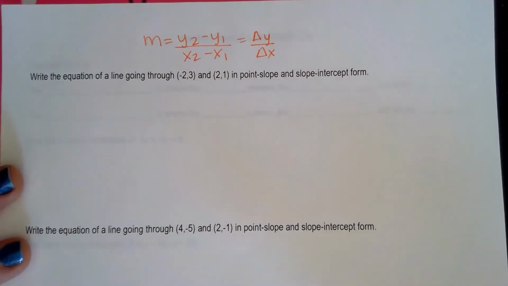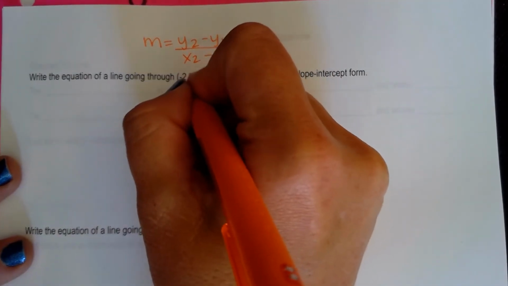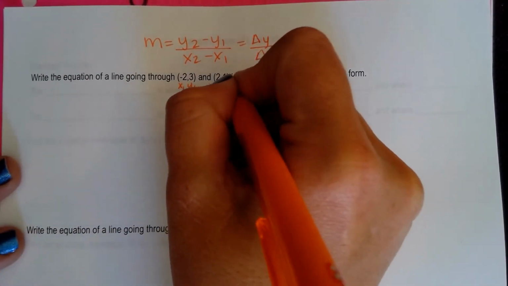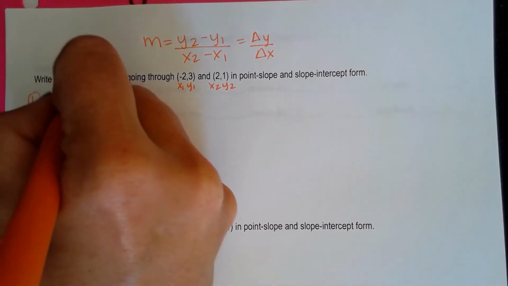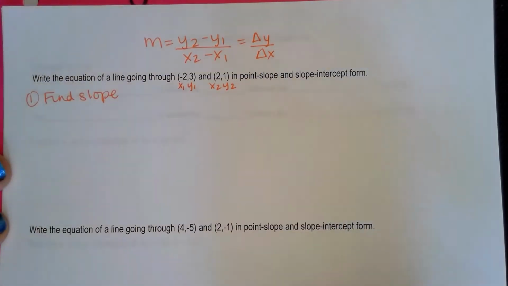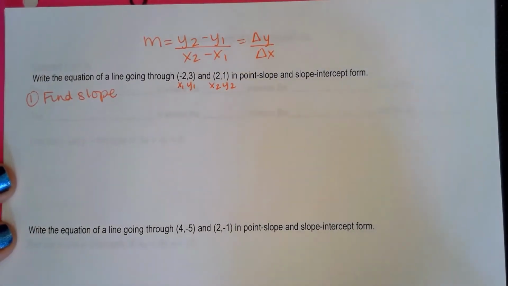So you can label your ordered pairs, so x1, y1, x2, y2. So your first step would be to find slope, okay? Because in order to use point-slope form, you have to find the slope, right?